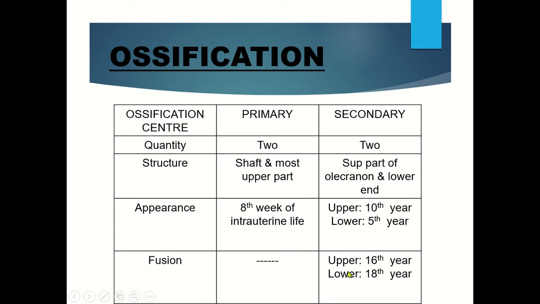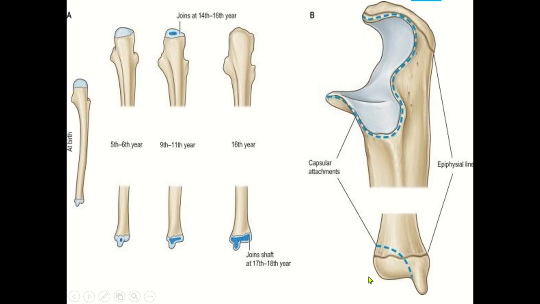The upper fuses at the 16th year and the lower fuses at the 18th year. So this is the diagram showing the ossification at the 5th and 6th year, 9th to 10th year, 16th year. So this is all about the ulna.